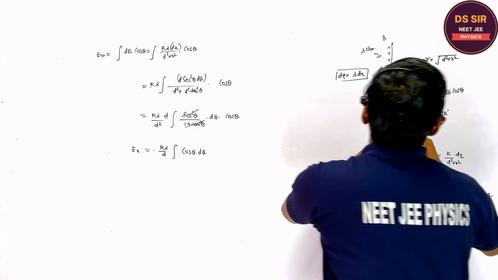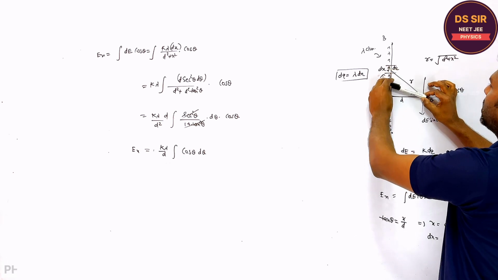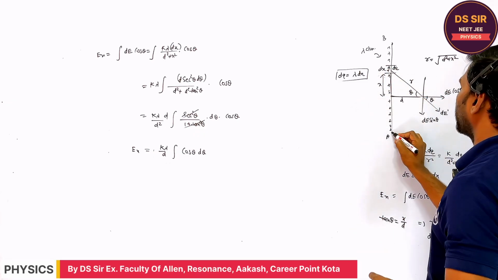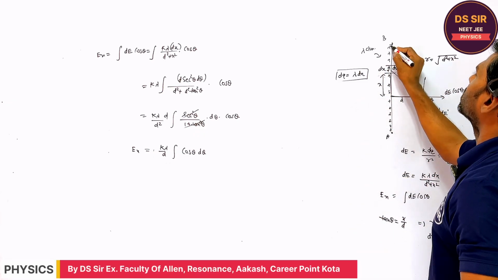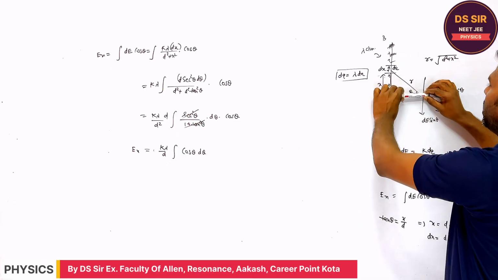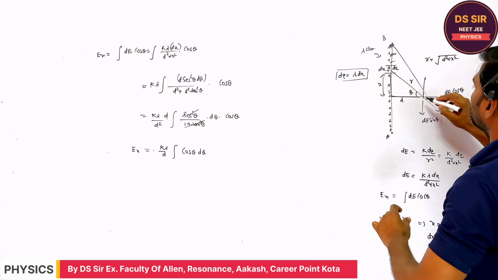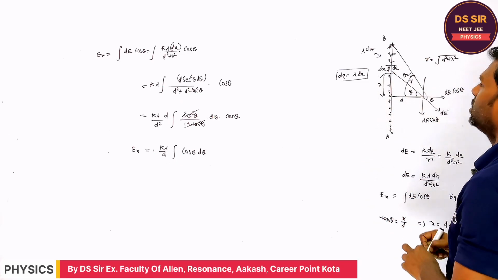From where to where? These elements are starting from here and going to this side. These are the elements, this the element, this the element. So theta starts from here, 0, to theta 2, because this total angle was theta 2.